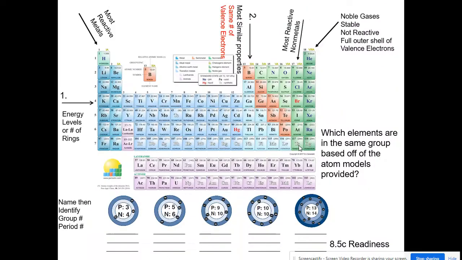Let's continue. Periods are the same as energy levels or the number of rings. So, for example, K, which is potassium, is in period 4. Therefore, the element potassium has 4 rings, aka energy levels. Energy levels is just an interesting way to say rings.